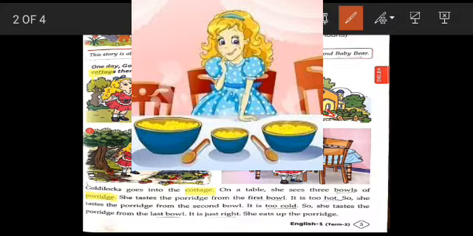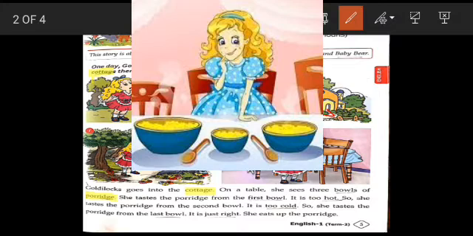Okay, I think we say in Kannada hambali or ganji. Okay, we say it is porridge. So what is served in the bowls? In the bowls there is porridge. Okay, then she sees 3 bowls of porridge on the table.